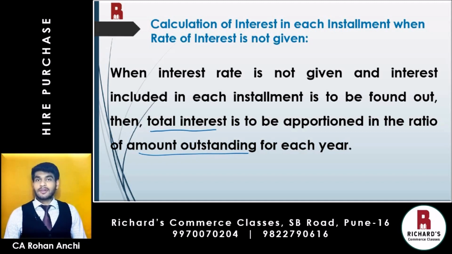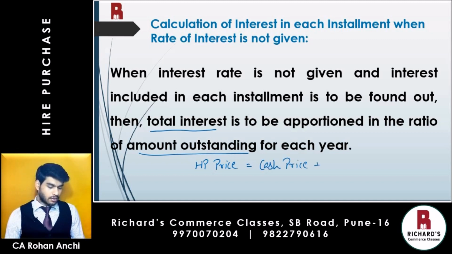So in lecture 1, we had studied HP price. The formula for HP price is equal to cash price plus interest. Cash price plus total interest gives us the HP price of an asset.